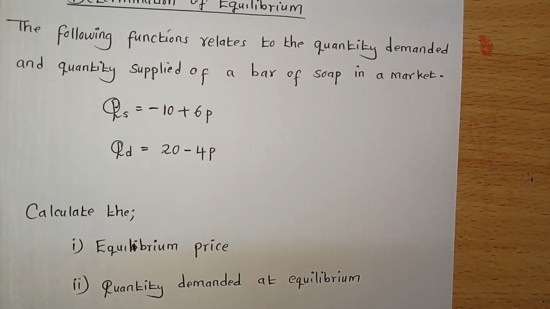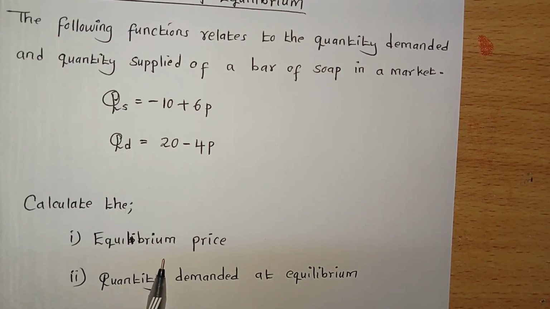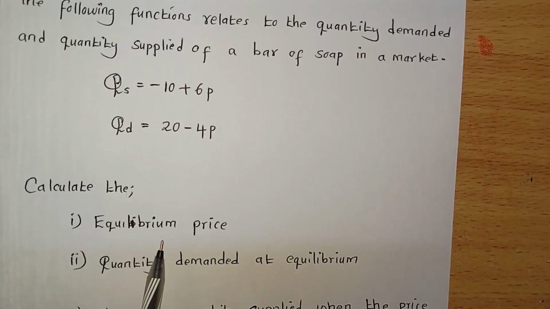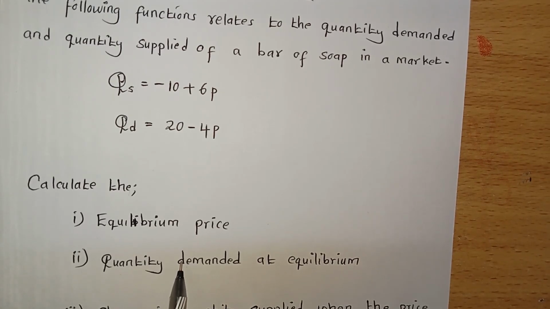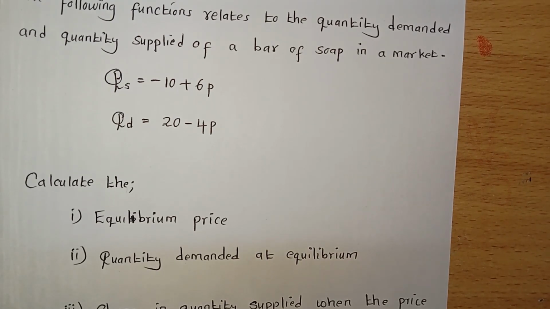The equilibrium price is the price at which the quantity demanded equals the quantity supplied, whereas the equilibrium quantity, which we are asked to solve in part 2, is the quantity bought and sold at equilibrium price. So let us do this question together.